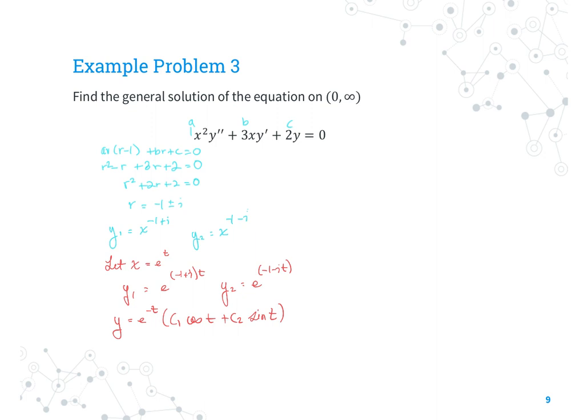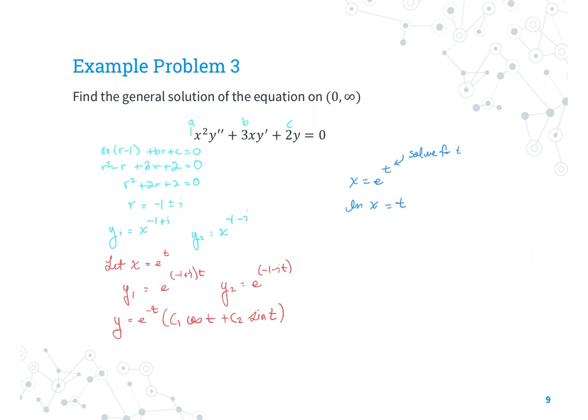We know how to do that, but we still don't have this back in terms of x. What else we need to do is, if we had x equals e to the t, we can solve for t in terms of x. So solve for t by taking the natural log of both sides.